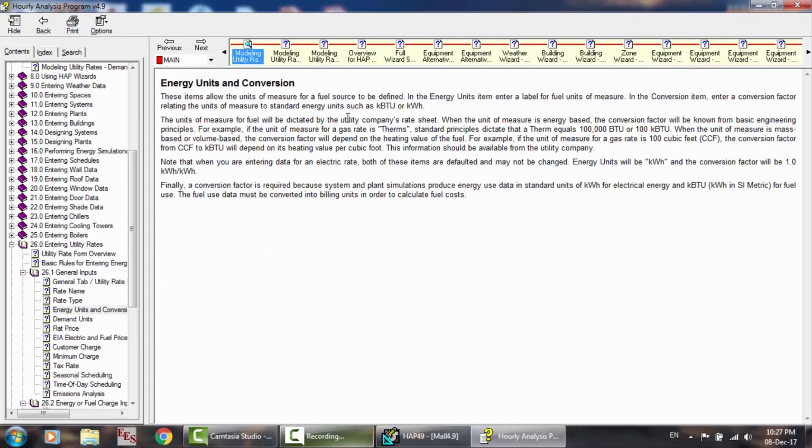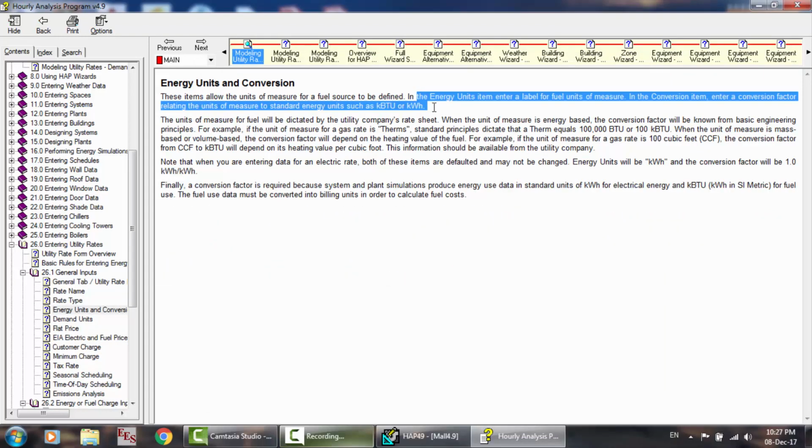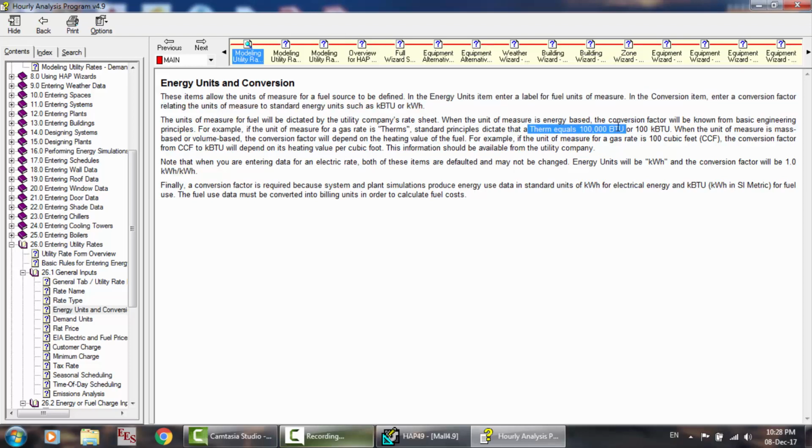Click F1, you can change them, and you enter a conversion factor relating the units of the measured standard energy units such as kBTU or kilowatt hour. You have to know that a therm equals 100,000 BTU or 100 kBTU.